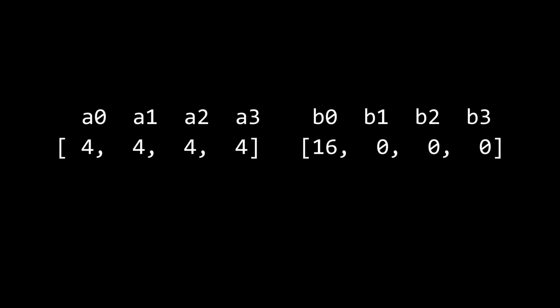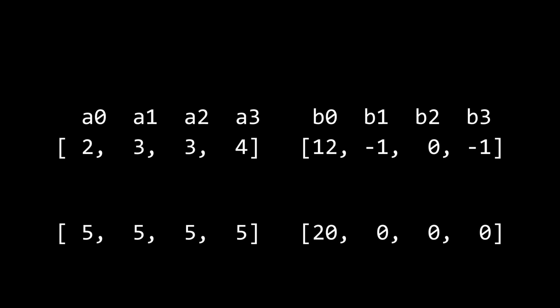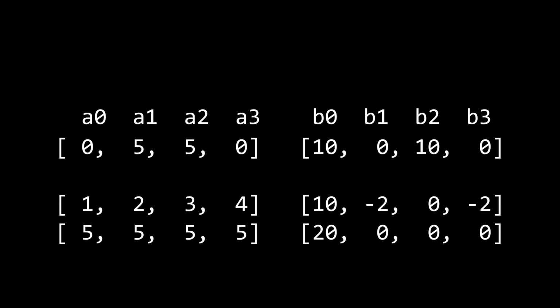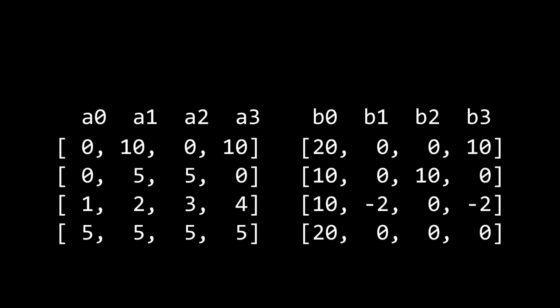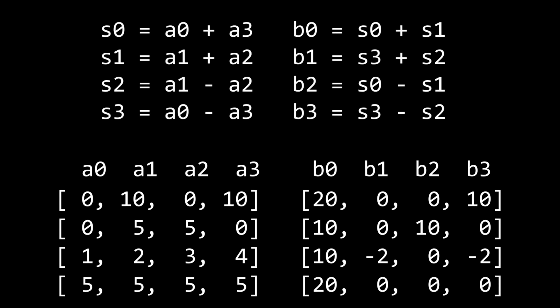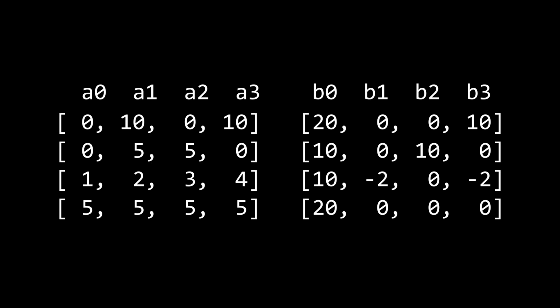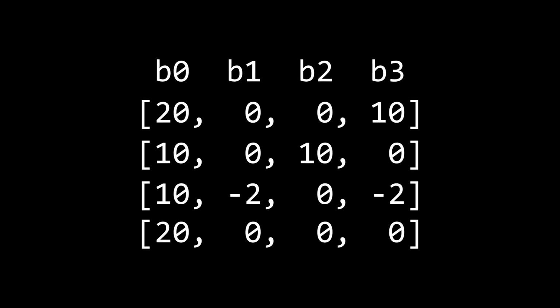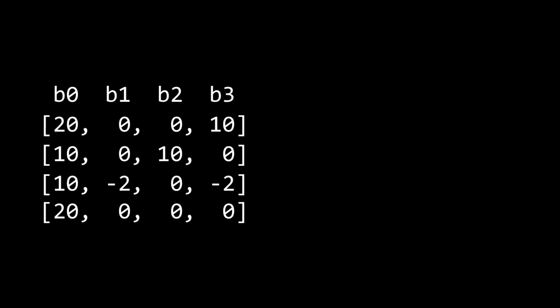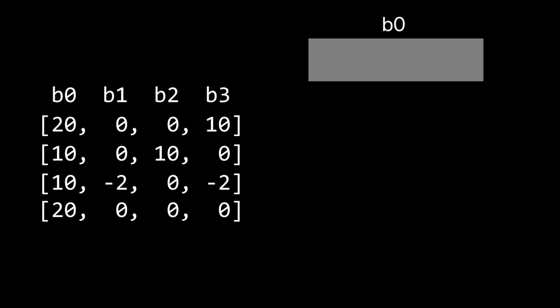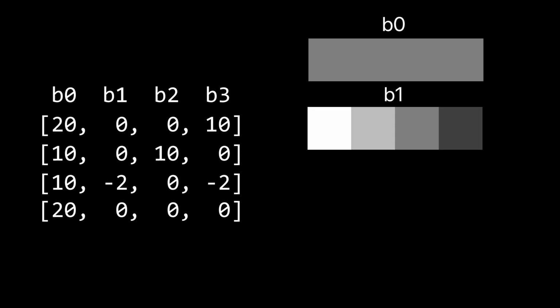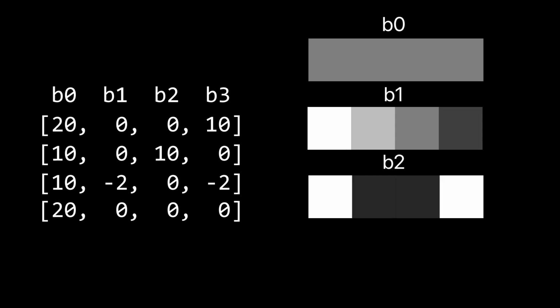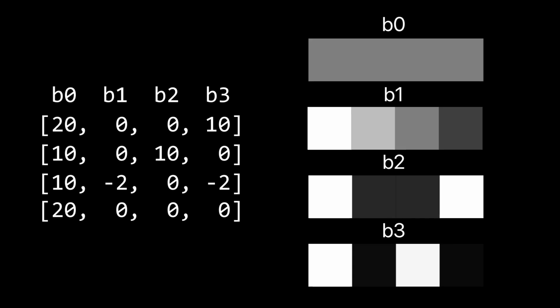A flat row, a smooth slope, slow ripples, fast ripples. By combining sums and differences, the transform captures different levels of detail in the residual. The coefficients reflect increasing complexity. B0 captures flatness, B1 captures first-order changes, B2 captures second-order changes, and B3 captures third-order changes.